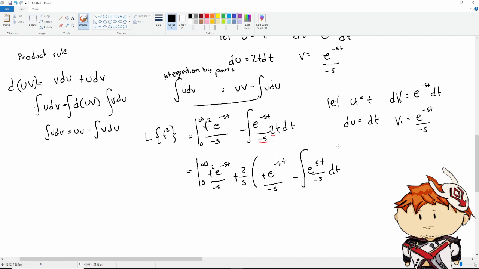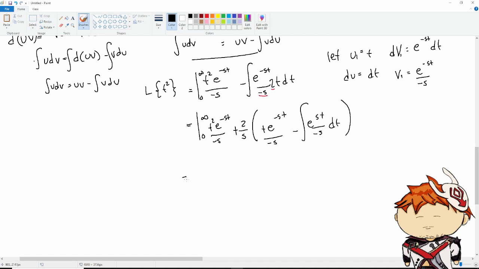Integrate. I'm going to integrate this part too.